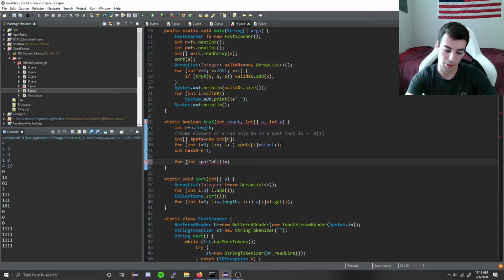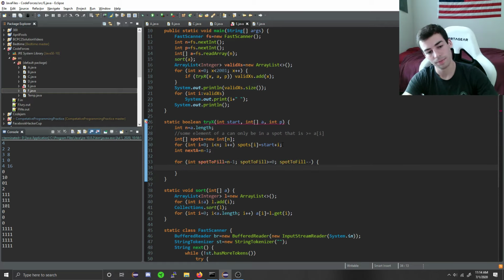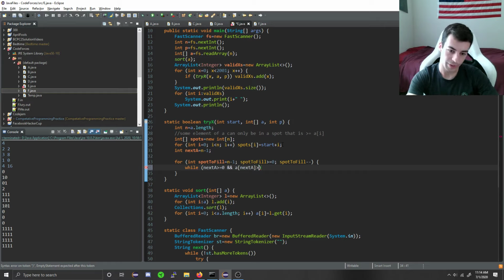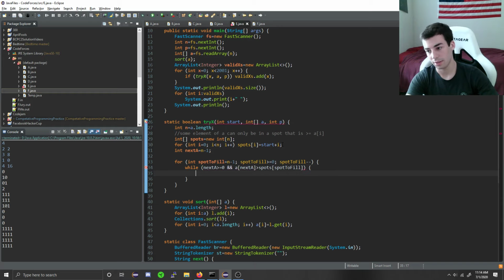So the spot to fill is going to be equal to n minus 1. So while the next thing is bigger than the spot, that means we can't place it here, which means we would have to place it before here.